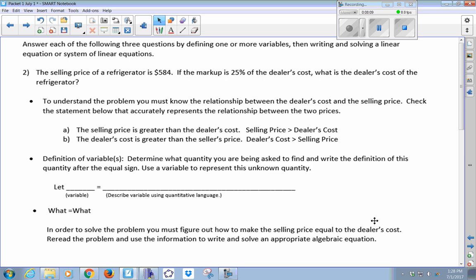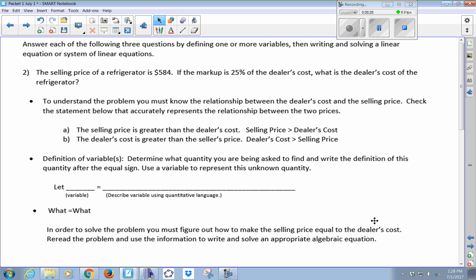In other words, there's always some type of increase that's been added. So this $584 has been marked up. It's been increased by 25% of what the dealer paid for it.